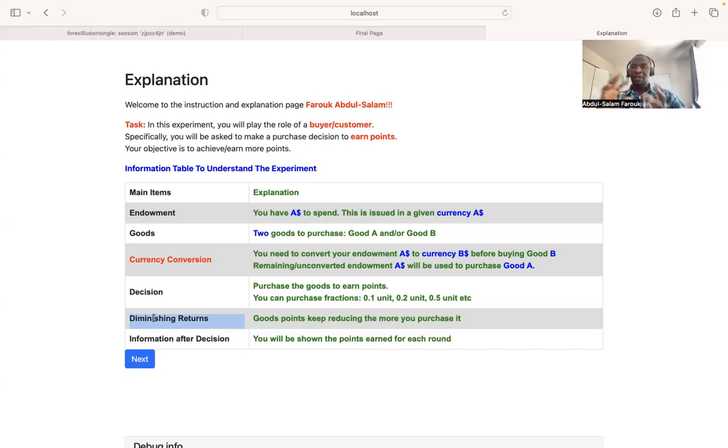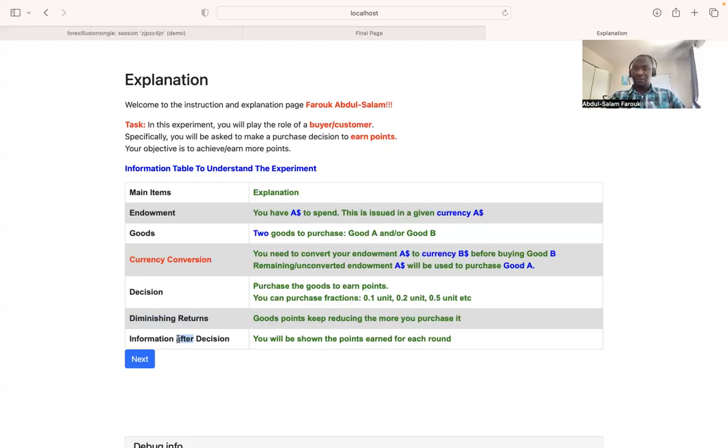This is the whole idea of the diminishing marginal returns. The more you buy a particular good, the fewer points you tend to earn on the subsequent purchase. So that's going to be very important for this experiment in terms of earning points and getting the higher cash reward. Now, the information pertaining to your points and the cash at the end of each round would be shown to you.